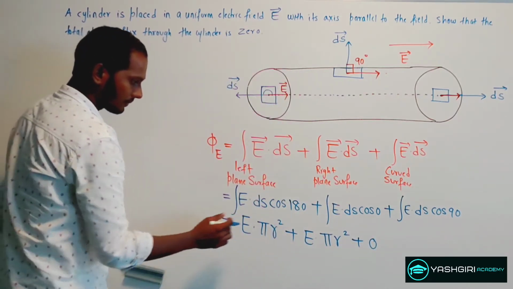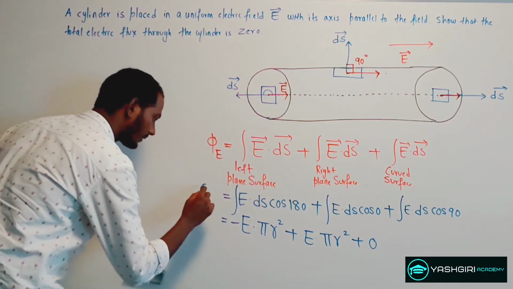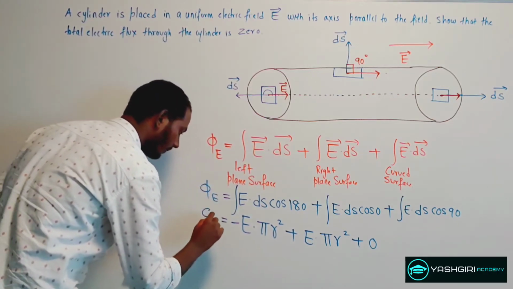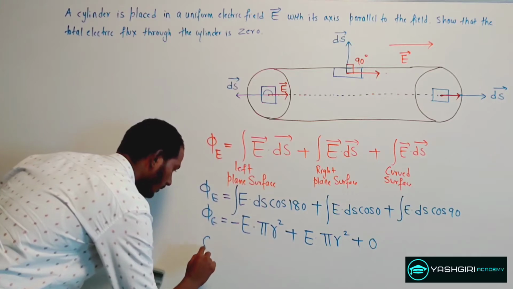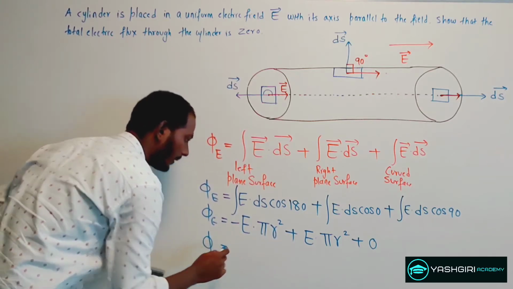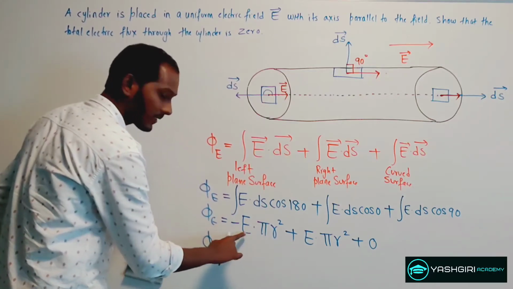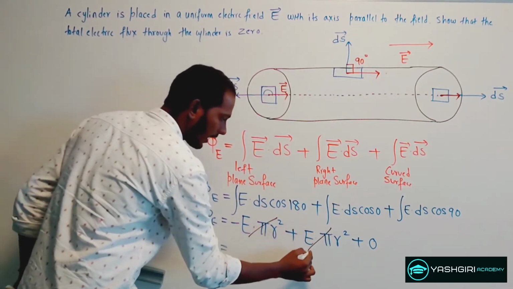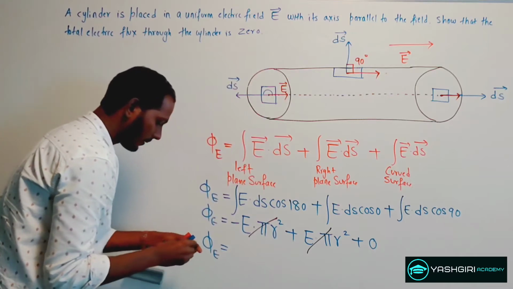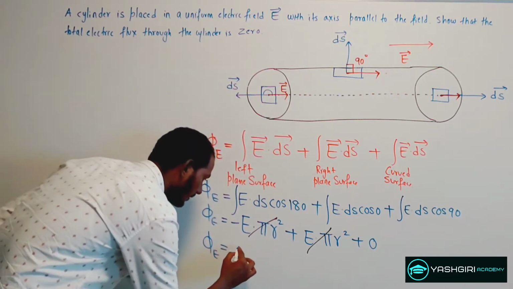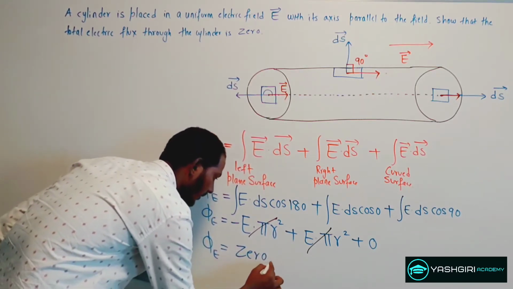And now if you see the total electric flux, so this is phi of E. So here the total electric flux will be equal to this, and this will get cancelled. Yes, minus E pi r square plus E pi r square, and this will be 0.